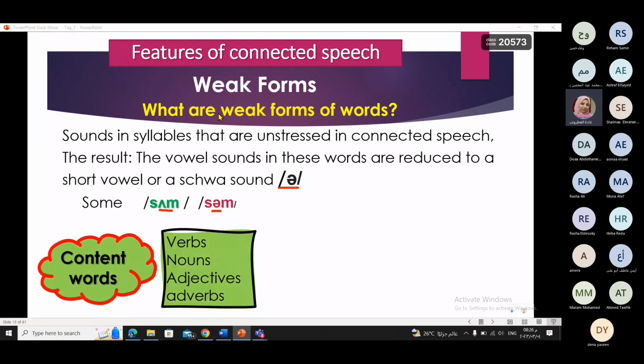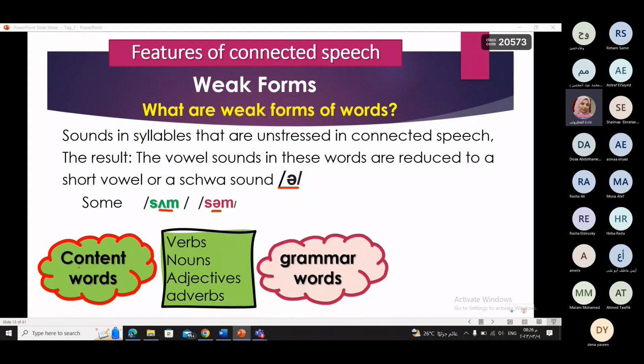So what are the words that have strong forms? We have the content words, the most important words in sentences, which convey the meaning, which convey the message. They are the verbs, the nouns, the adjectives, the negative auxiliaries. These are the content words, the words that carry the information in the sentence.